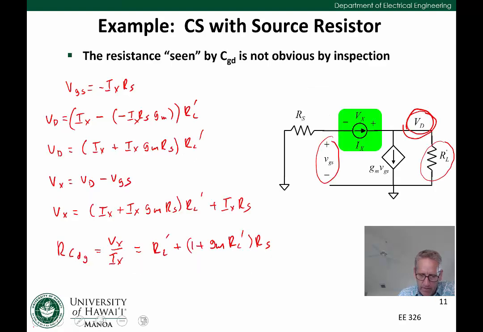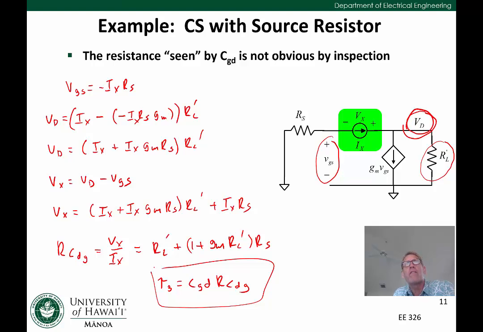And tau 3 therefore is just equal to CGD times RCGD. All right, so we're getting to be close to done here.